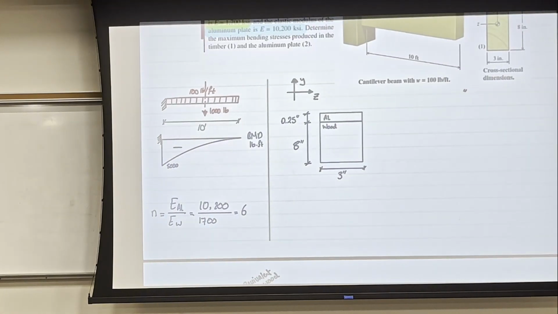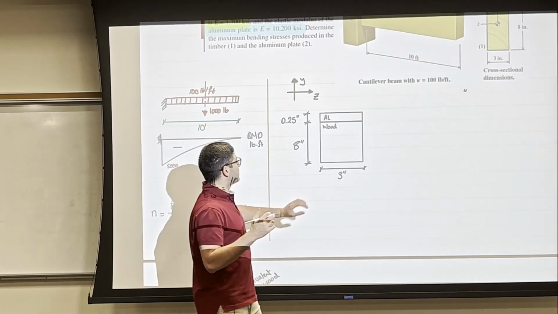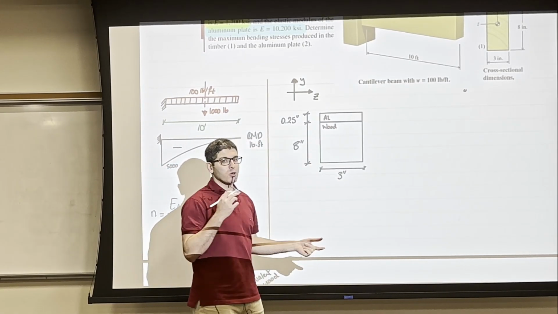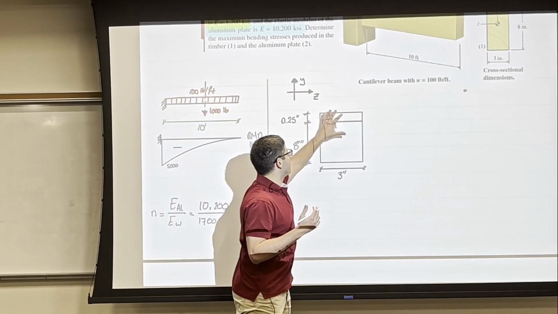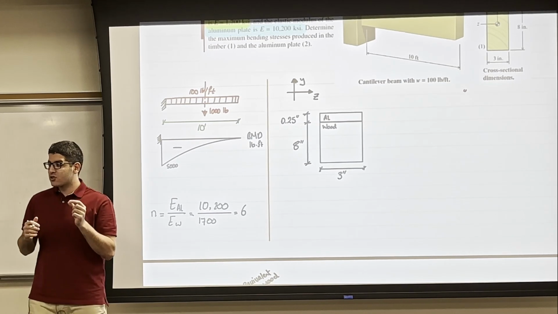Of course, after this, the next step is to convert the aluminum to wood, because I can't calculate the centroid and moment of inertia for this beam that has both materials in the cross section. But let's put the axis of bending first.